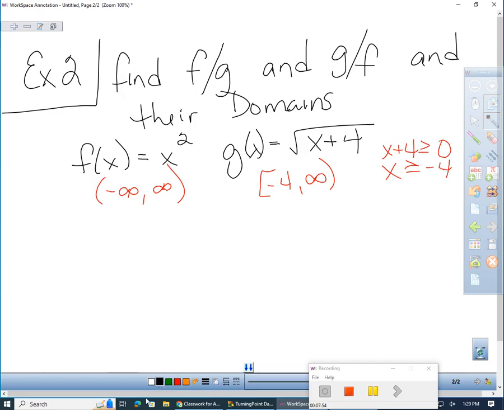Now we're going to go ahead and put them together. Let's do the first one. F divided by g. So if I do f divided by g, that means I have x squared over the square root of x plus 4. So now we've got to look and see if there's any additional restrictions before we write this.